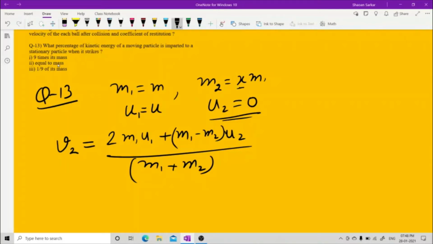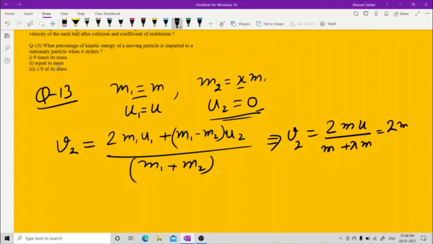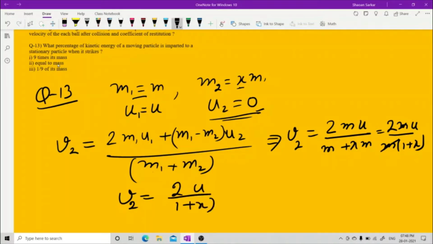So when I put the values of u2, u, m1 and m2, v2 becomes 2mu upon m1 is m and m2 is xm. I take m common, 1 plus x, and m cancels out. I get v2 equal to 2u upon 1 plus x. This is what is there.